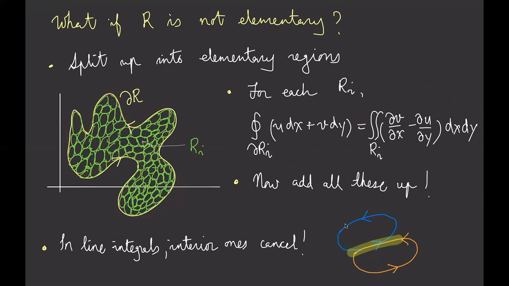So Green's theorem just works. What you get here is the integral of u dx plus v dy all the way around the outside. And on this side, because you're adding that plus that plus that, you're doing everything, so that's just going to give you the integral of this function over the entire region. So even if R is not an elementary region, it still works, which is pretty nice.